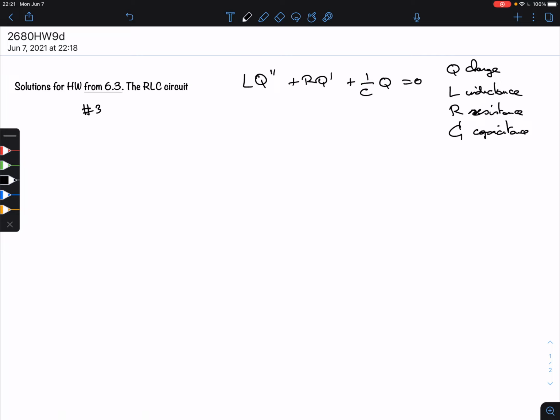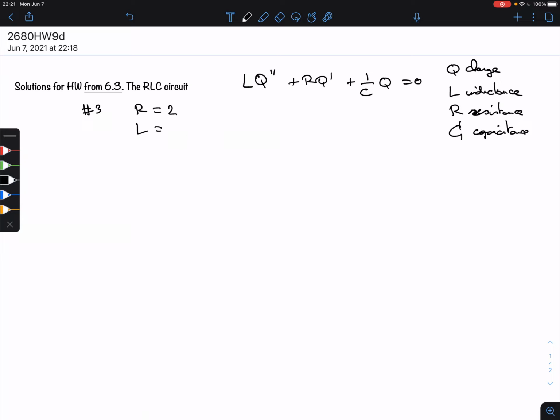Okay, so I said number 3, and they tell us R is 2 ohms. The units are all taken care of. L is 0.5 henries, so that is 5/100ths. I prefer to write it that way, you'll see why. That makes it sometimes easier. Oh no, sorry, I'm reading the wrong question.